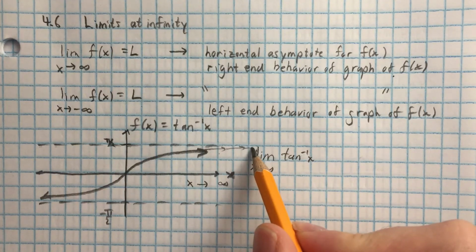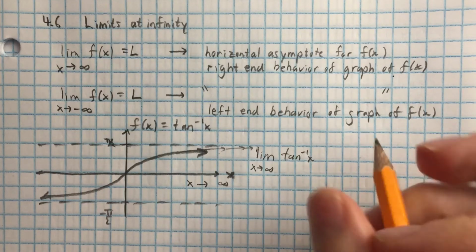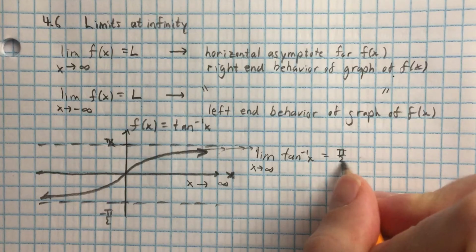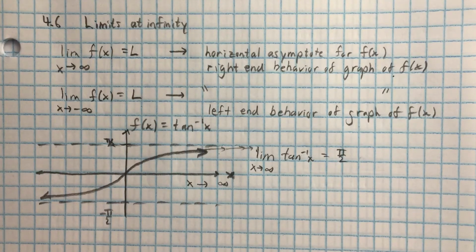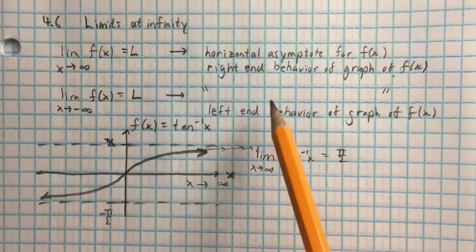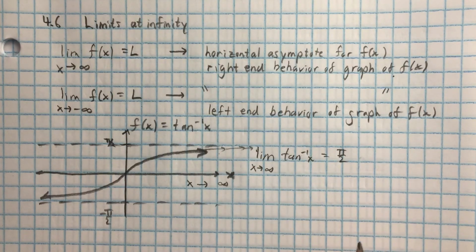Always a little bit closer, but never going to come in contact with, but it is heading towards the pi on 2 height. So that is, as you see in the picture, a horizontal asymptote for the tan inverse function and does describe the right end behavior simultaneously.